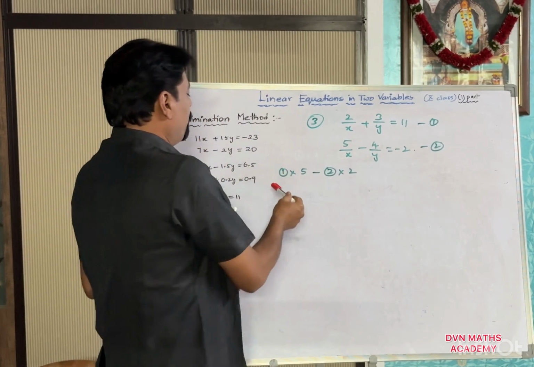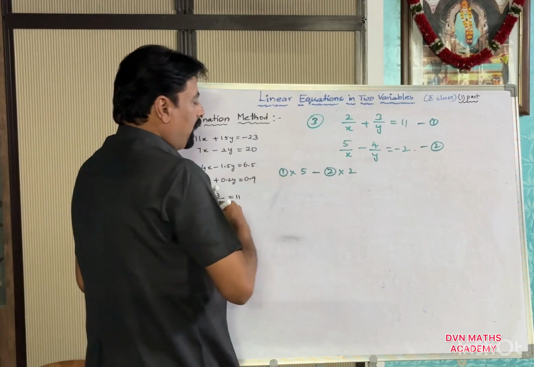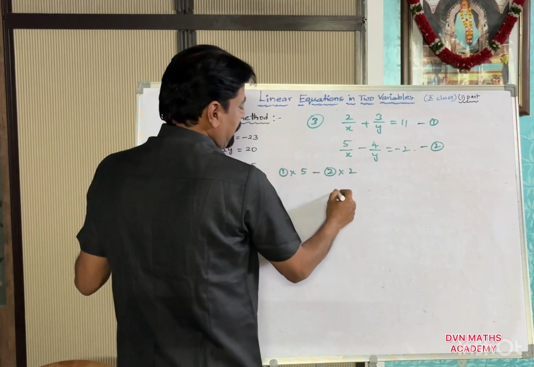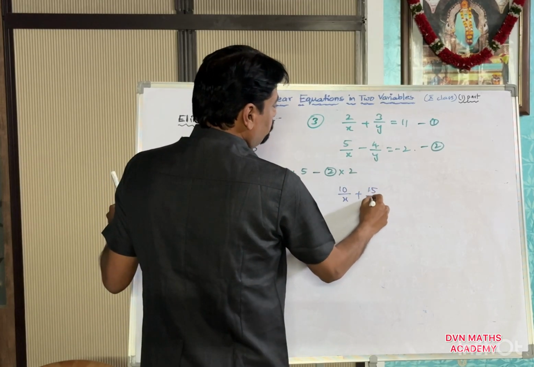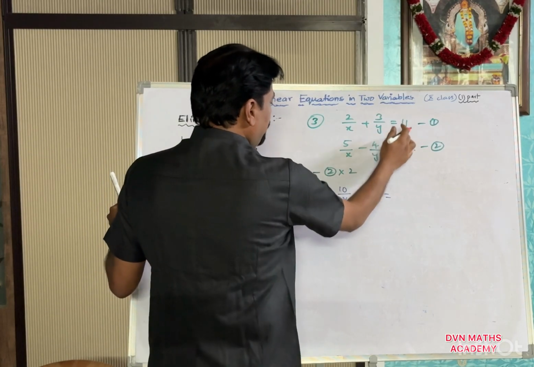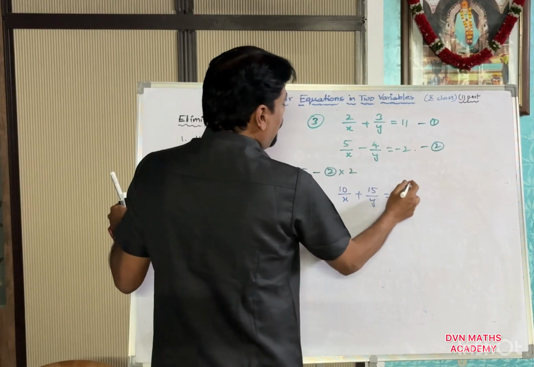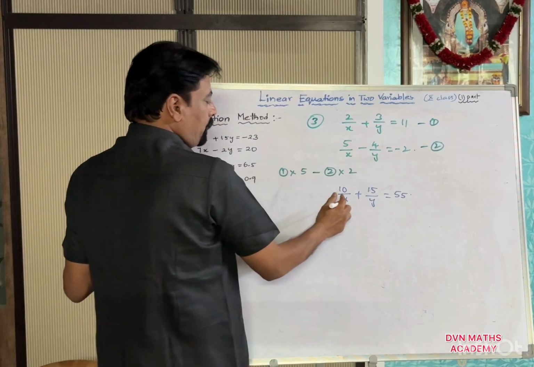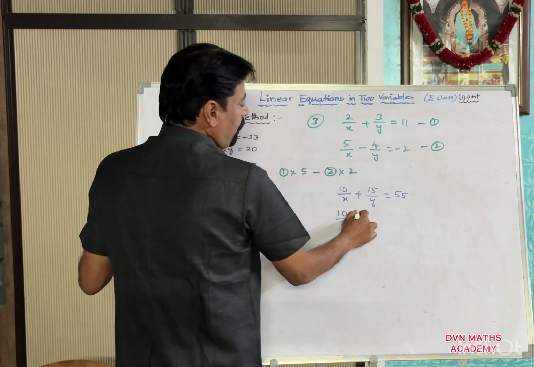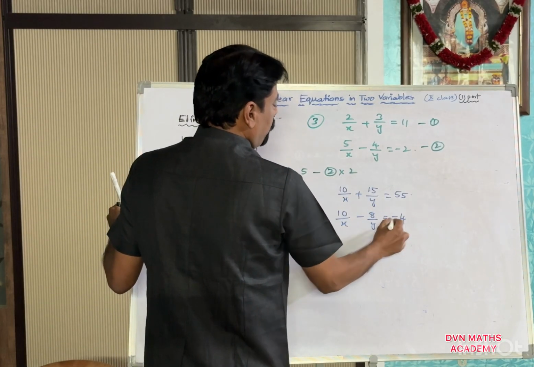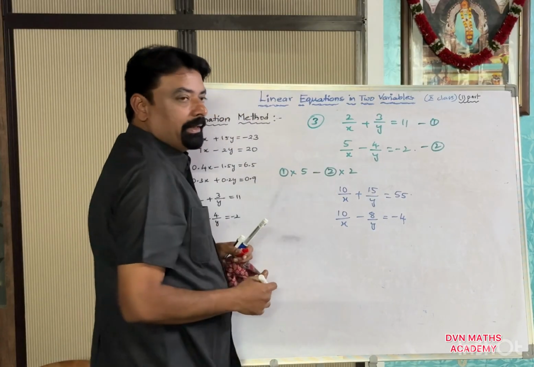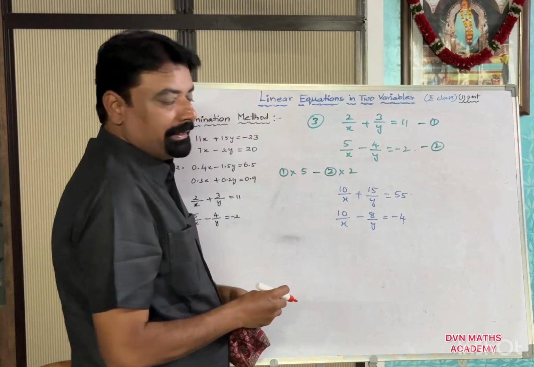So if you multiply the first equation with 5, what happened? 2 5s are 10 by x plus 5 3s are 15 by y is equal to 5 into 11, this becomes 55. And the second equation, if you multiply with 2, again 10 by x minus 8 by y is equal to minus 4. After multiplying these equations by 5 and 2, you will get these types of equations.